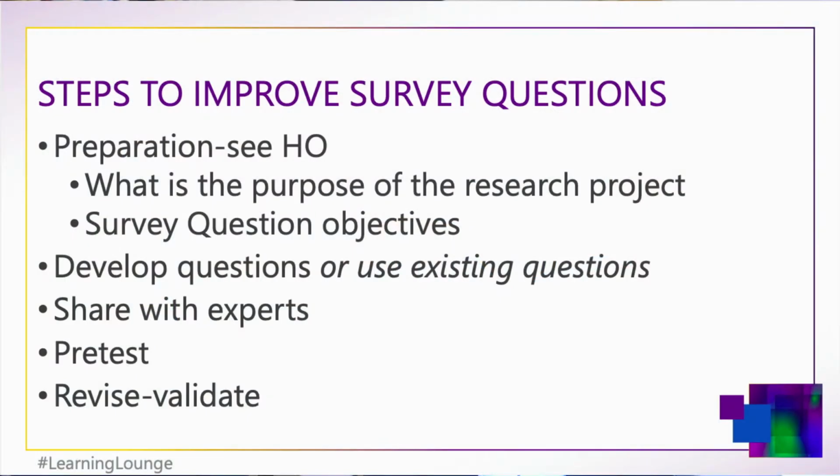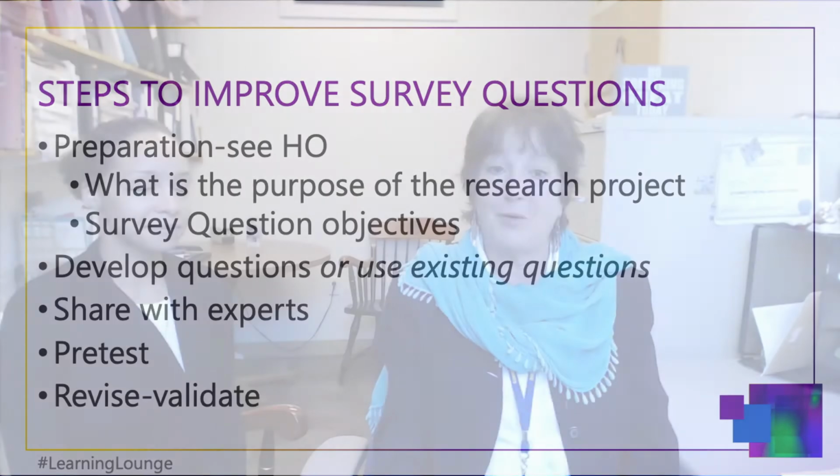After that, you would share these questions with experts. You would pre-test it on the sample which you're aiming to survey in your research project. Of course, you'll probably need to revise it because that's what always happens when you pre-test, and then possibly validate your questions. So let's see what happens if we don't follow this process.